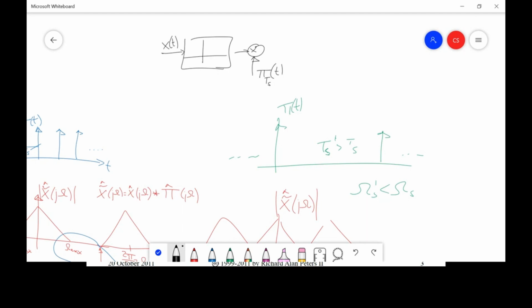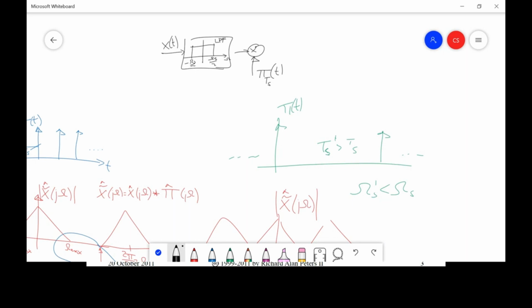I can make sure that it is limited to minus omega s half, omega s half. I can put a low pass filter. And this is a low pass filter.